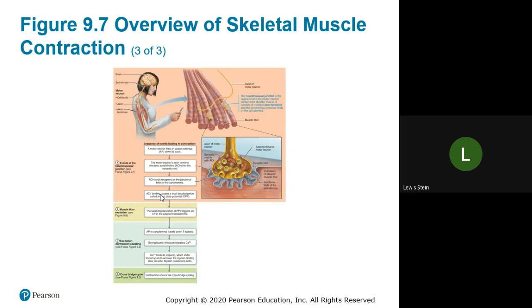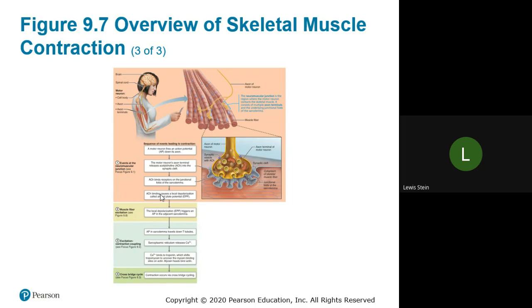It creates a localized potential called an end plate potential, and it's really a summation of activities. At a neuromuscular junction, the acetylcholine is always going to make the muscle more likely to fire. But it must reach threshold.